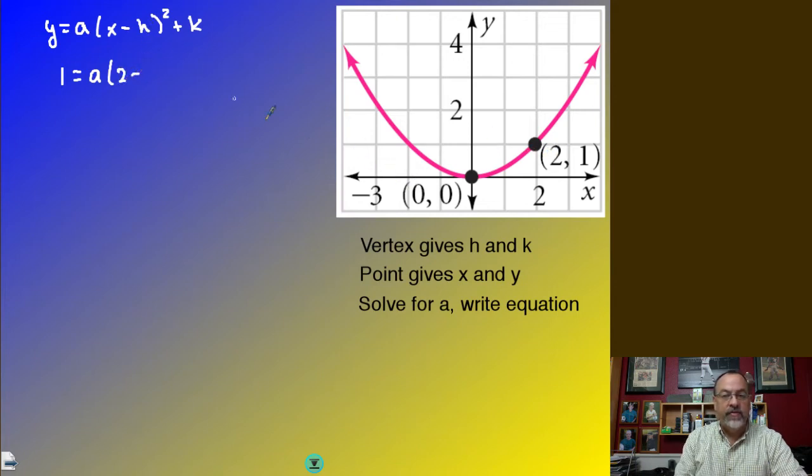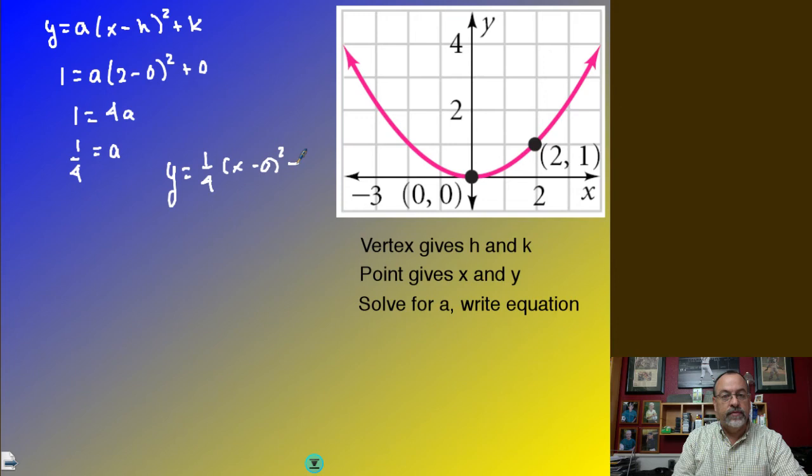Minus the x value of the vertex, 0. Plus the y value of the vertex, 0. And so I have this that I just need to simplify then. So 2 squared is 4. So this is going to be 4a, so a is going to be 1/4. So y is equal to my a value, 1/4, and then x minus 0 squared plus 0.